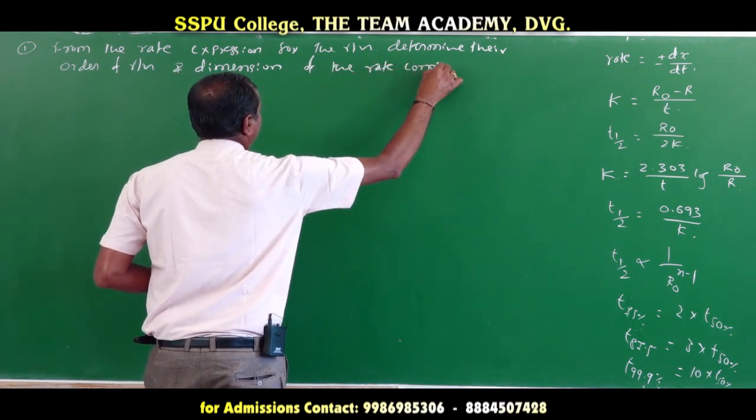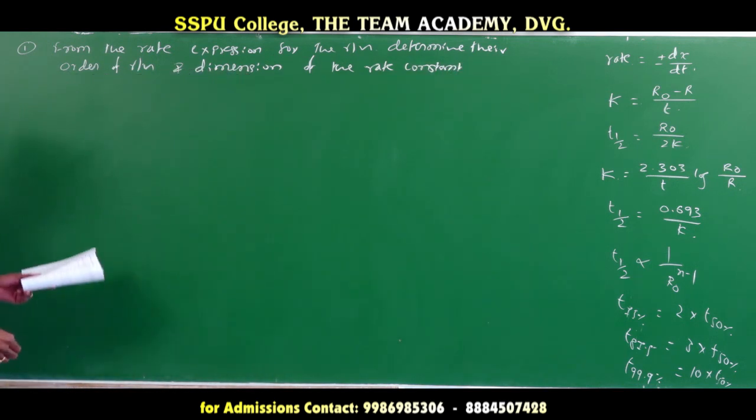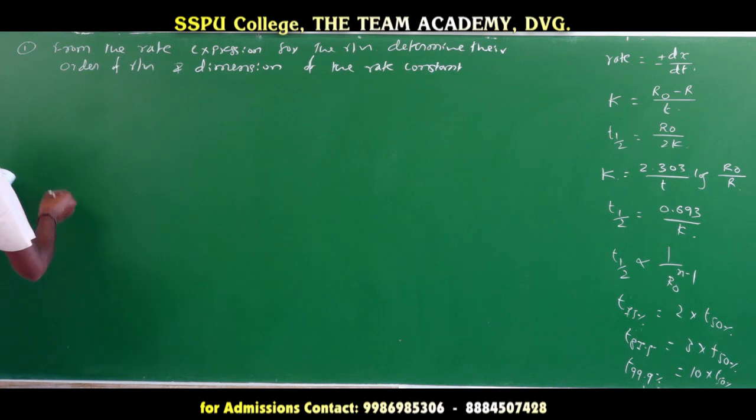Dimension is nothing but the unit of the rate constant for those different orders. So he has given those equations.